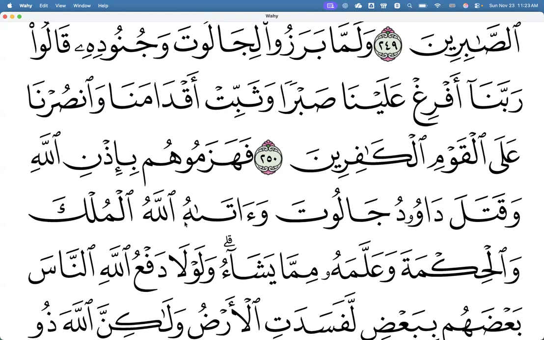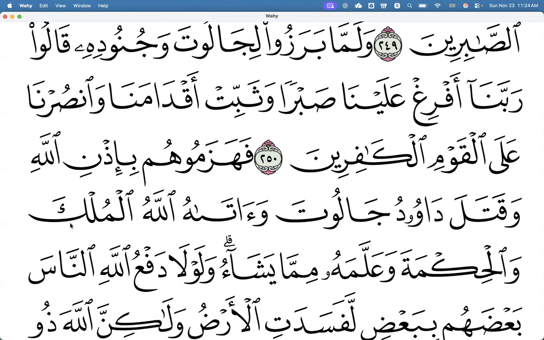Make sense? I know it's a little backwards from English, so sometimes it takes a little while to understand it. And Allah gave him, or literally, and gave him Allah, meaning Allah gave him. What did Allah give him? Al-Mulka.